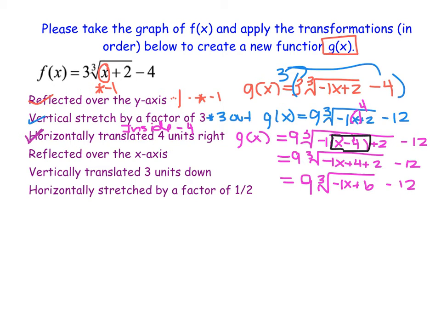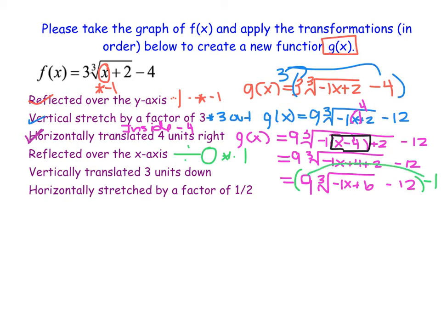Okay, next thing we're going to do is reflect over the x-axis. Now remember, the x-axis, yes, is a horizontal line, but results in a vertical reflection. And as a result, that's going to happen on the outside. So we're going to multiply the outside by -1. So I'm going to take my function, multiply this entire outside piece by -1.